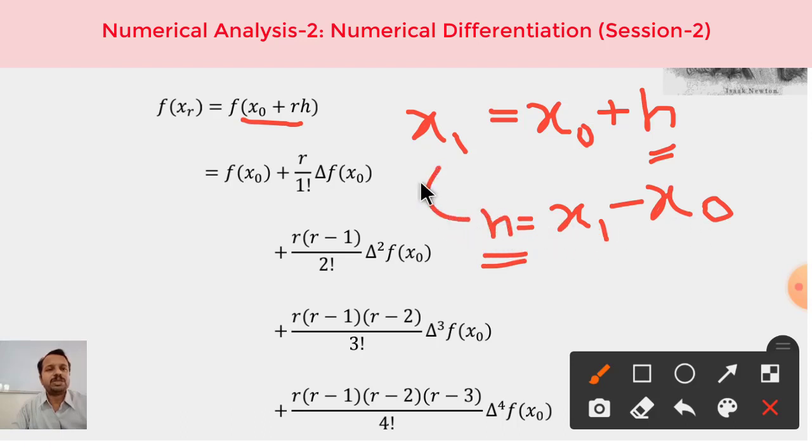Therefore, x1 is equal to x0 plus h, since if x0 is taken to this side, it becomes plus.